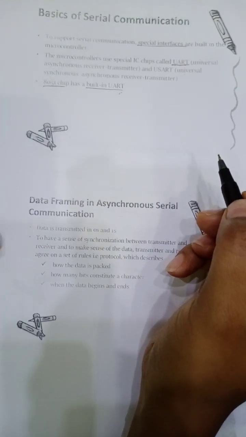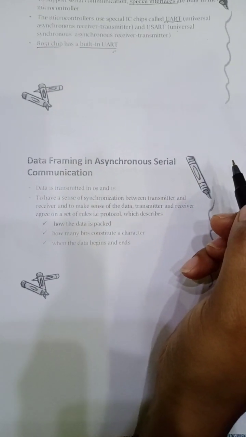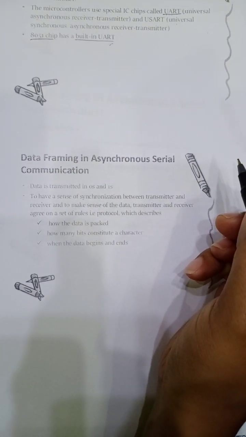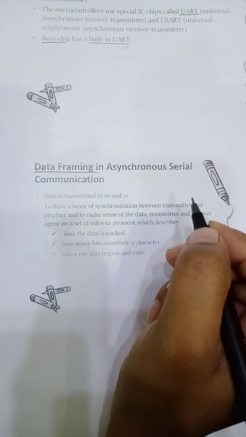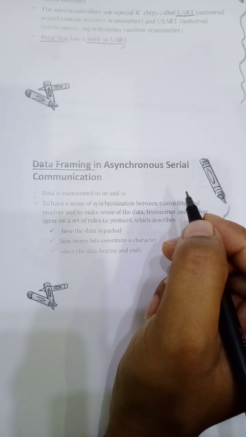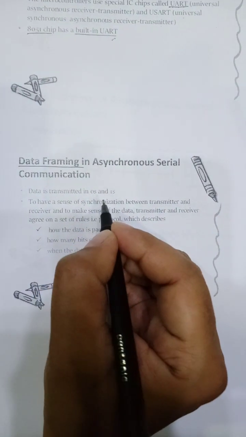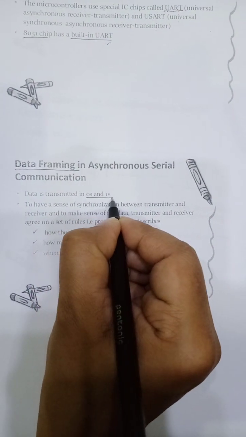So whenever the data has to be sent in a serial communication, the data has to be framed first. That is how exactly the data will be packed. That is called framing. So let's see what exactly it is. The data always will be in the form of zeros and ones.